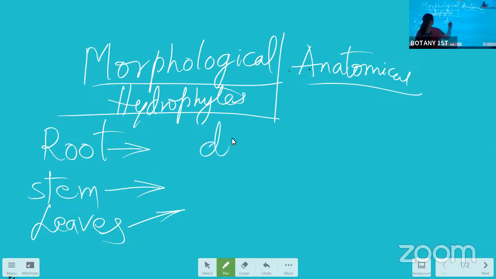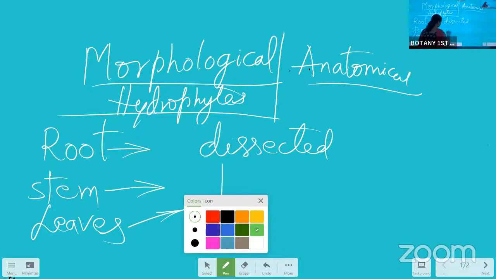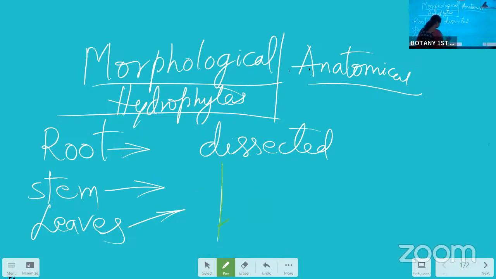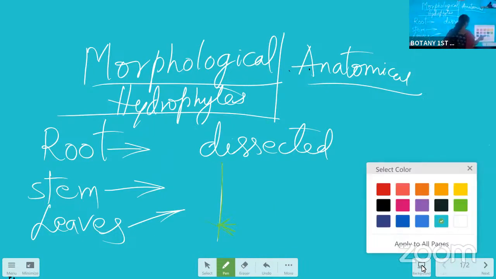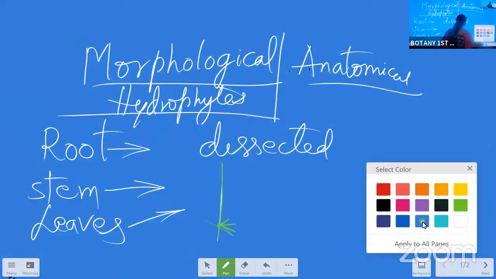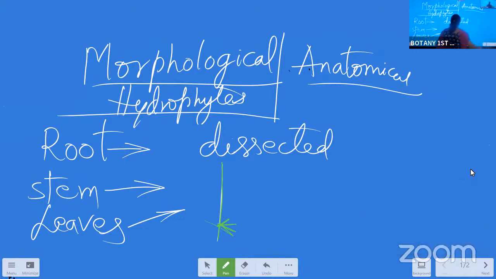But the word is dissected, meaning reduced to small grass-like form. That is what we call dissected leaves.